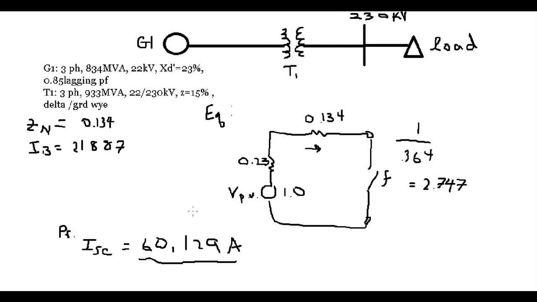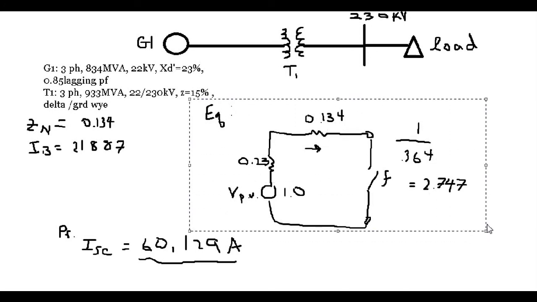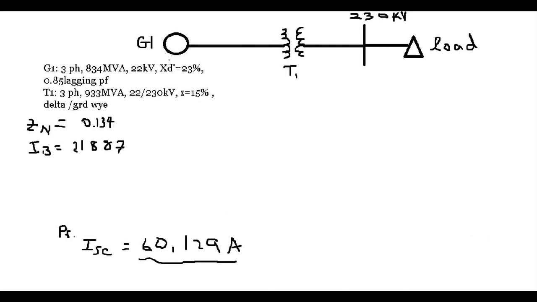Now if we go back to the equation that we wrote down at the beginning, MVA short circuit is equal to ISC, short circuit current on the primary side, times V line times square root of 3. And this is MV line.